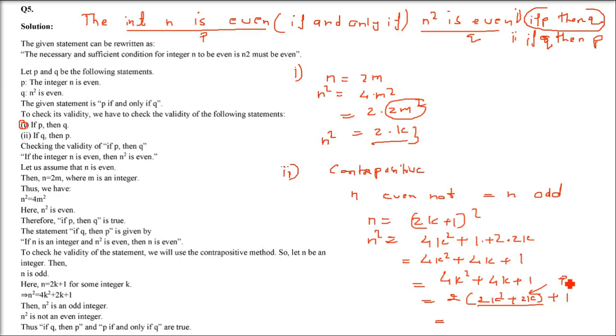So say it's p or say k, it doesn't matter. So 2k plus 1. Let us assume it to be 2k plus 1. So now this is odd. So when you started with the contrapositive, that is n is not even, that is n is odd, you proved that n square is also odd. That is, if not p, then not q.